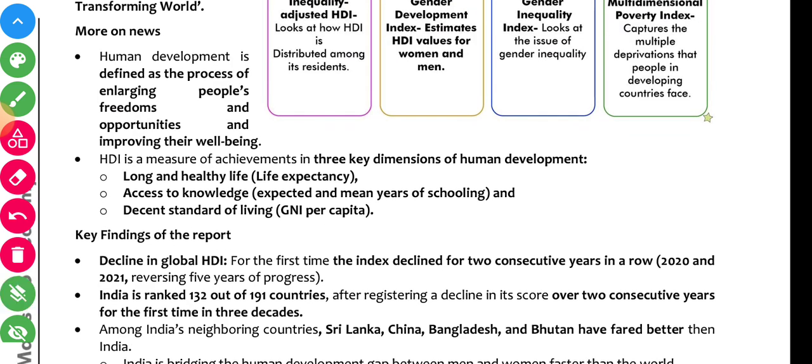What is human development? Human development is defined as the process of enlarging people's freedoms and opportunities and improving their well-being.